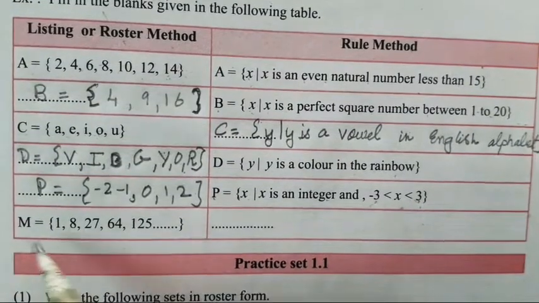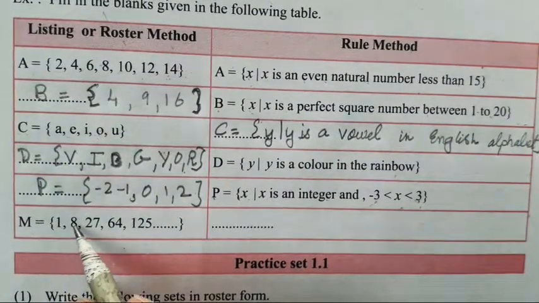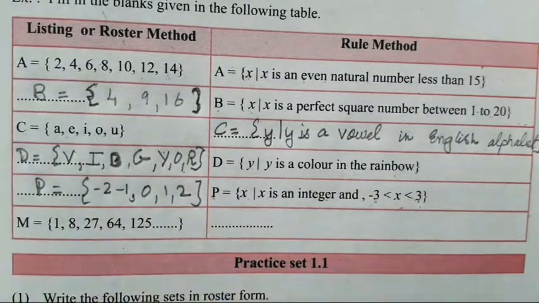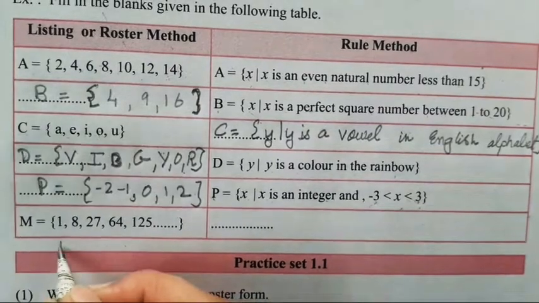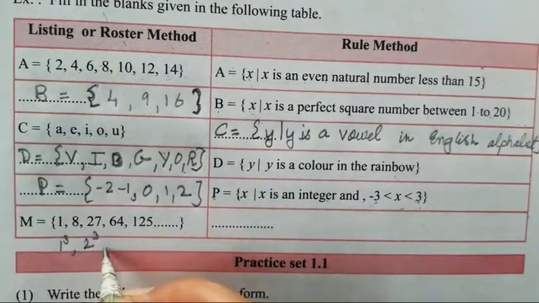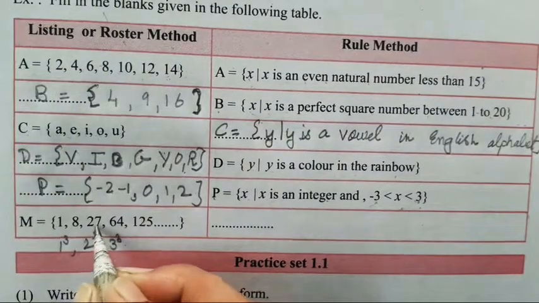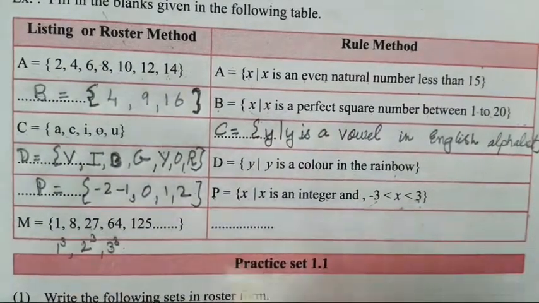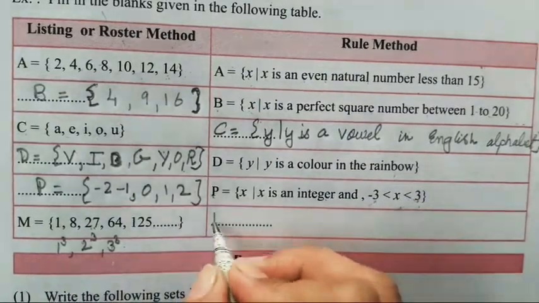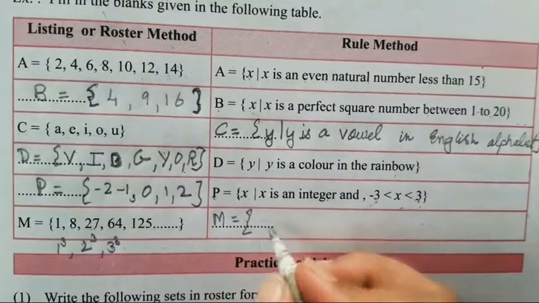Now next is M, a set in which 1, 8, 27, 64, 125 is given. Now you have to understand the pattern. Over here cube is there. See, cube of 1, then cube of 2, cube of 3. Okay, 3's cube is going to be 27. In this way they have given and the dotted line has been given. So how are you going to write it?